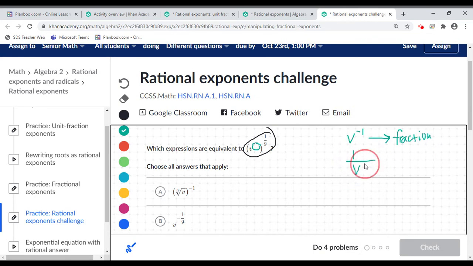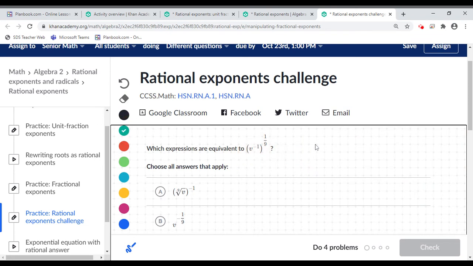We say 1 over v to the first. If it was v to the -2nd, it would be 1 over v squared. If it was v to the -3rd, we could rewrite it as 1 over v to the 3rd. Okay, now let's use this idea on this particular question.